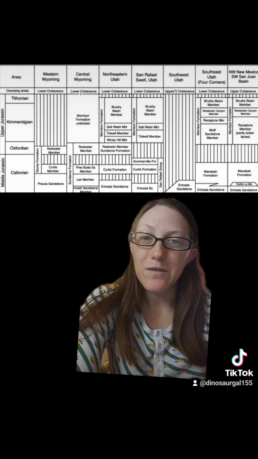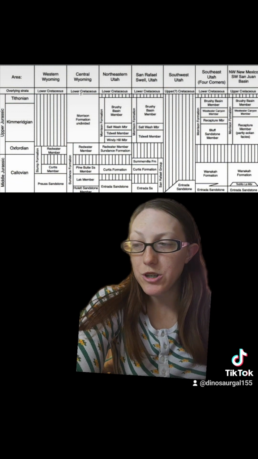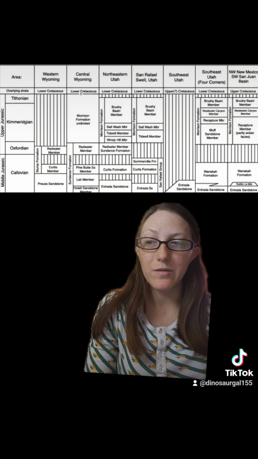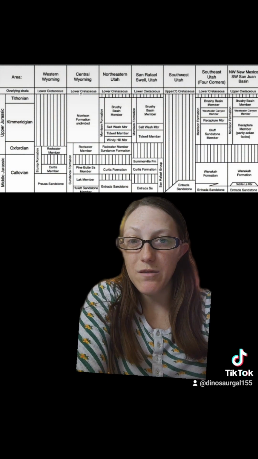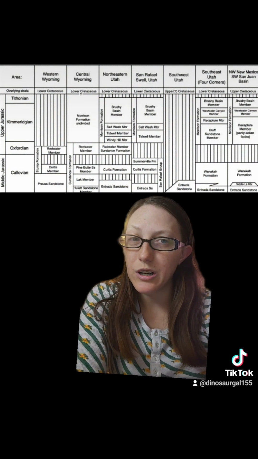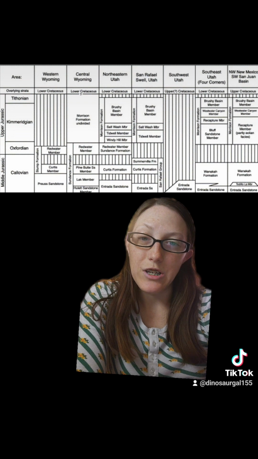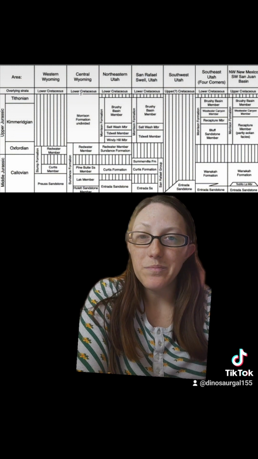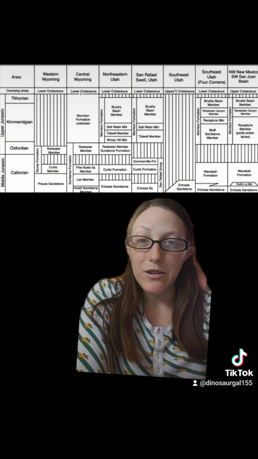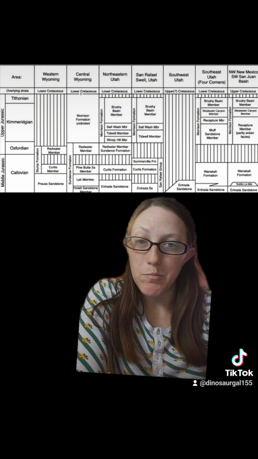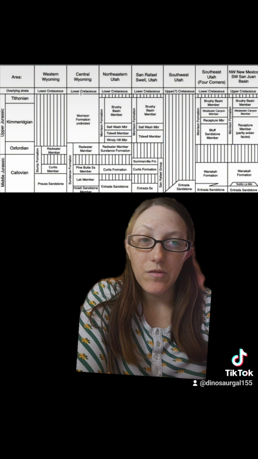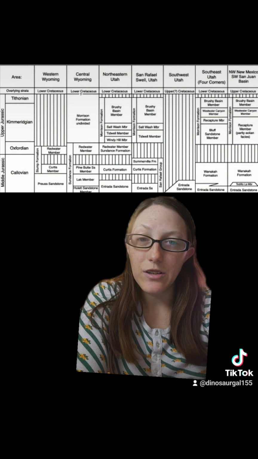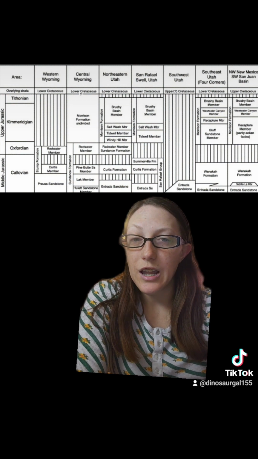But anyway, this just gives you an idea of what members are, and when I mention members when talking about different dinosaurs or other fossils that we found, or even just the fact that we're digging in the Salt Wash member of the Morrison Formation every summer, and are still finding fossils in our Brushy Basin member above that, you can get an idea of how they stack on each other and the age differences.